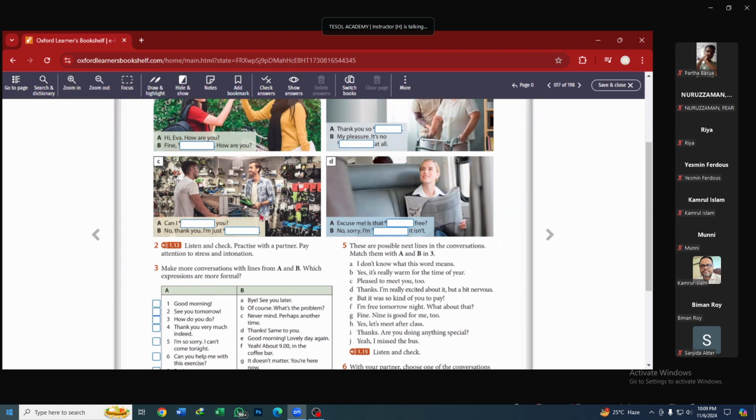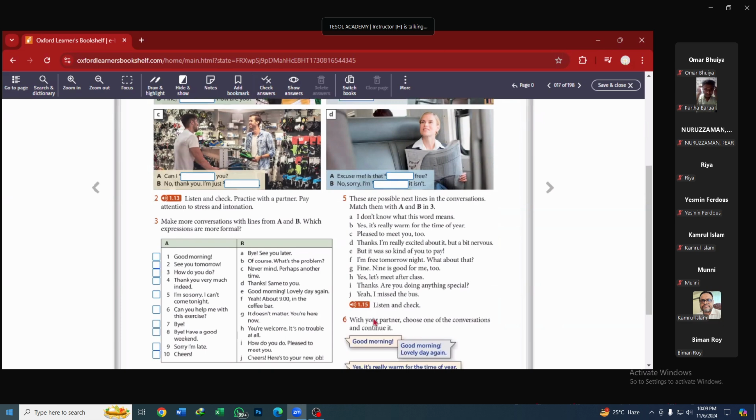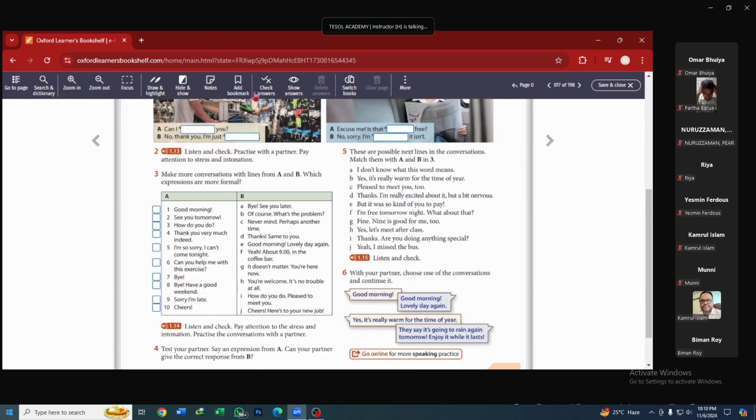What we have to say, or what reply will be polite enough to say to them after they're asking us something, or greeting us or being thankful to us? This is what will be clarified in our next activity, that is activity 3.